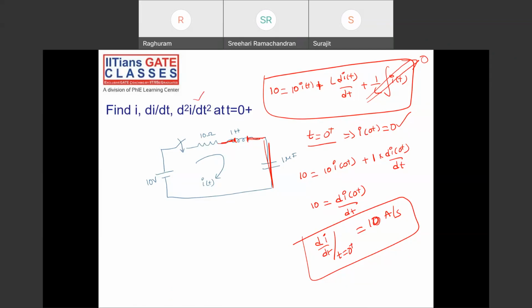Now, what else you have to find? d square I by dt square. Is this clear? di by dt at t equal to 0 plus is 10 amperes per second. Also, you have to find d square I by dt square at t equal to 0 plus.